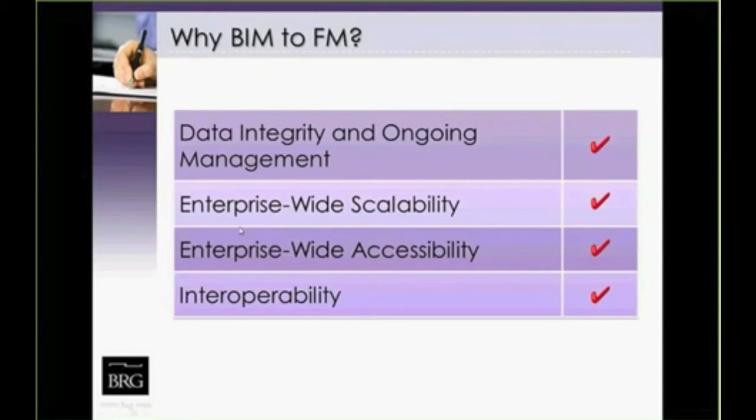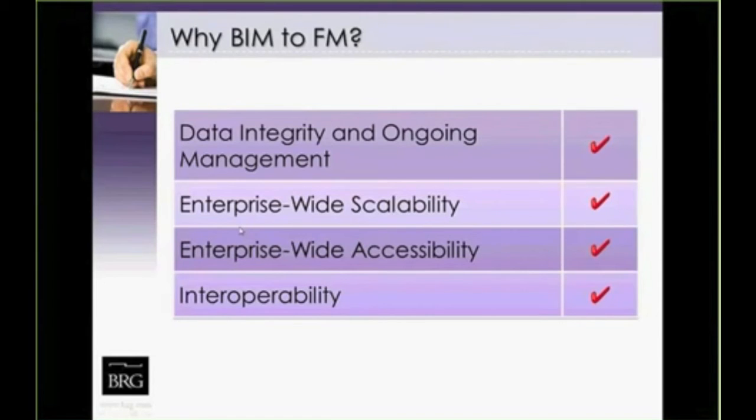The 4 reasons, or 4 of the reasons that we've really come up with, or that ARCHIBUS has come up with, for BIM to FM, is the idea of data integrity and ongoing management. One of the things that we find is that when you are working with a CAD drawing, and it's not linked with FM, in a similar fashion, if you're working with a BIM model and it's not linked to FM, you're not going to be able to retain those room standards, those equipment standards.